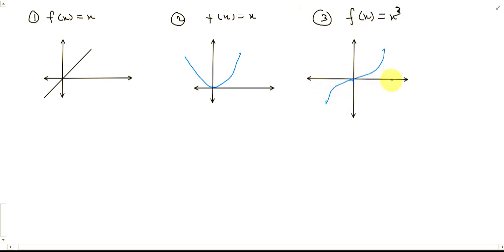So this function is strictly increasing. The reason is for all x that belongs to the domain of this function, we have f of x2 greater than f of x1. This function is strictly increasing.